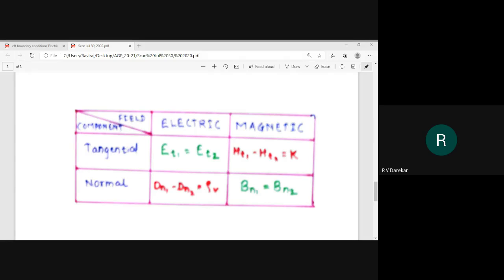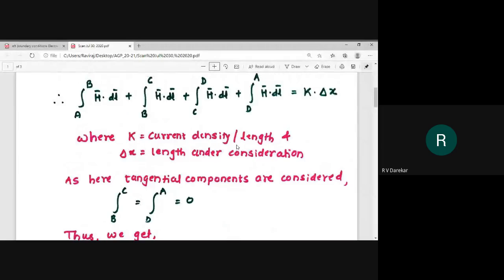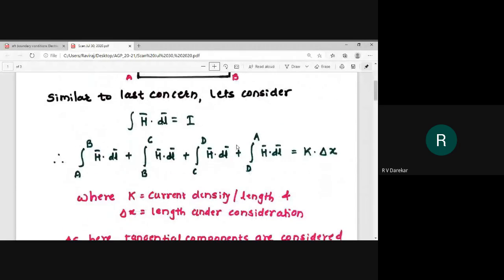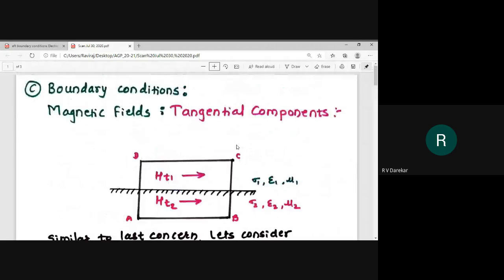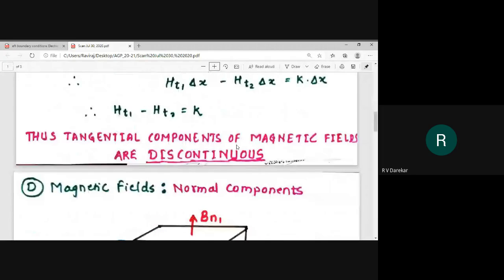Here it is. For one derivation, I have used this ABCD as the loop, and for another, I am going to use a box.